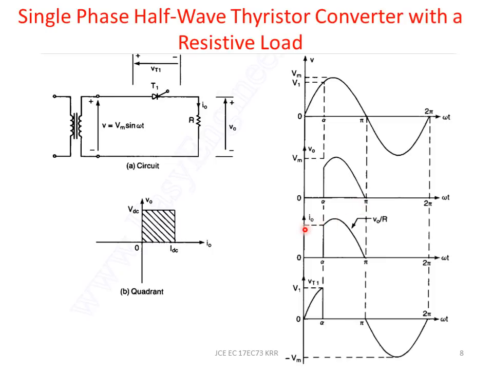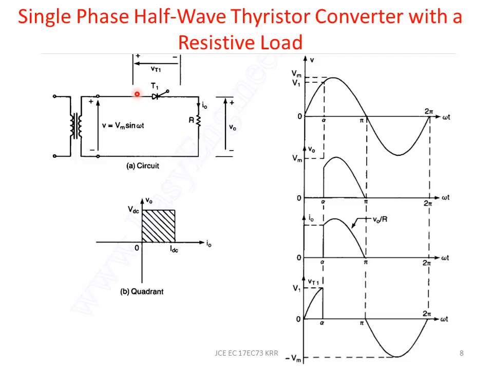Next is the load current. Load current will flow only when the switch is turned on, that is from alpha to pi, hence the load current will also flow from alpha to pi. This is Vt, the voltage across the switch, that is the thyristor.